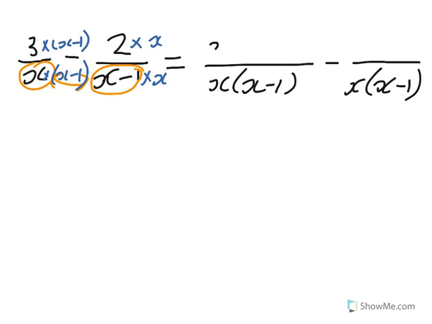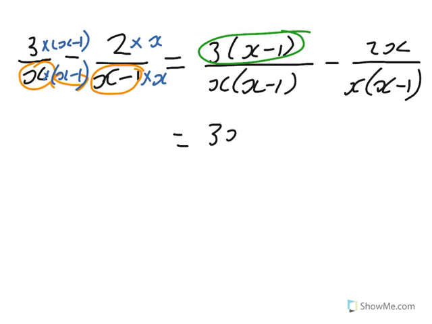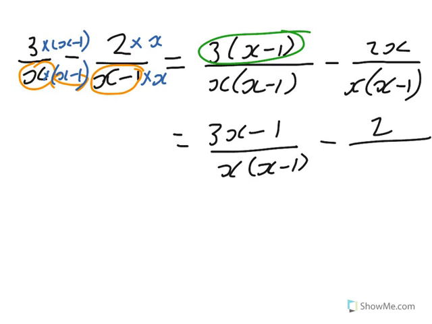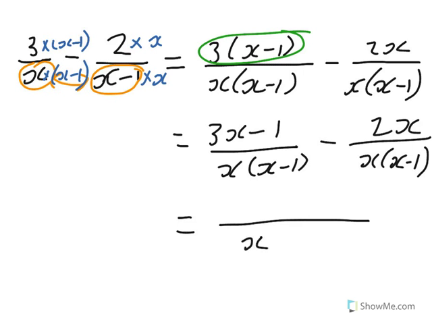So what do we end up with? We end up with 3 bracket x take 1 minus 2x. Expanding the left-hand one, we end up with 3x take 1 over x bracket x take 1 minus 2x over x bracket x take 1. Okay, so finally then, over 1 denominator, x bracket x take 1.